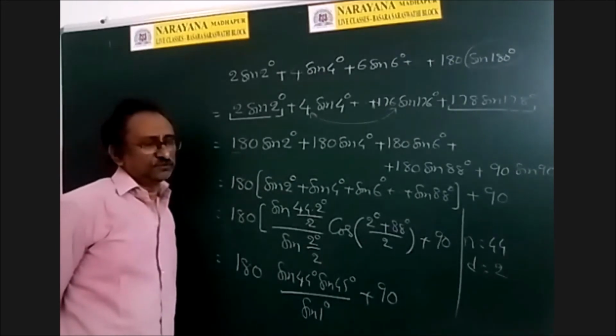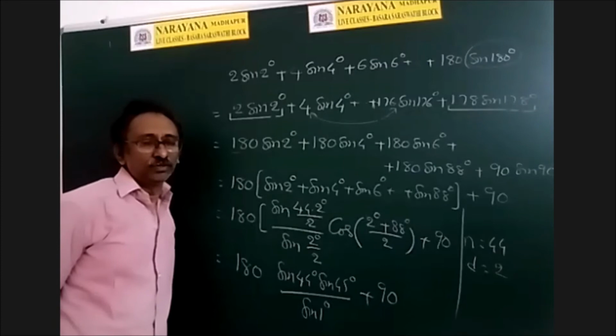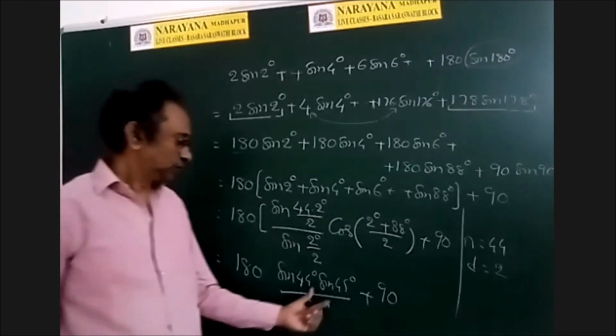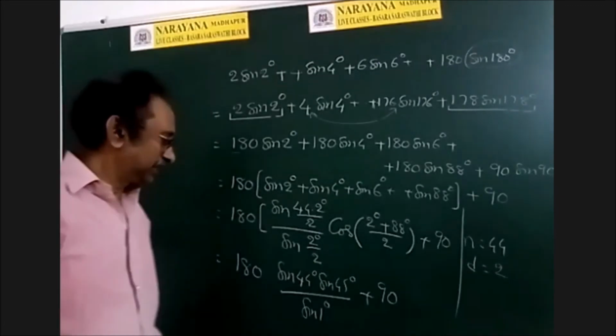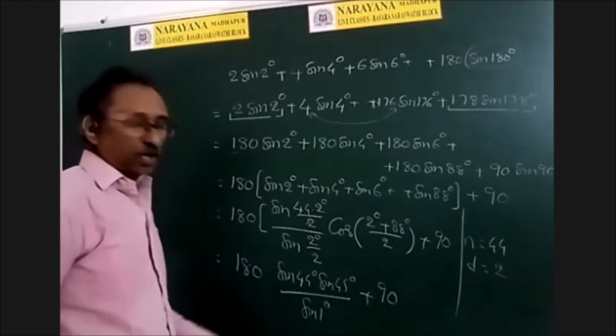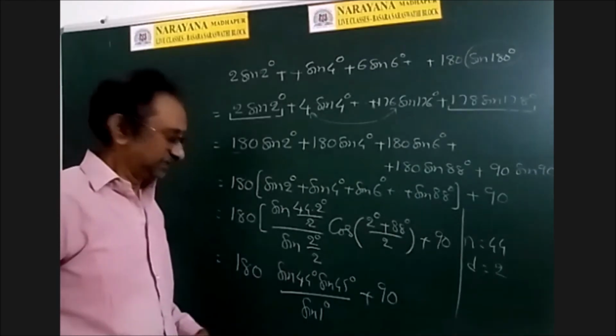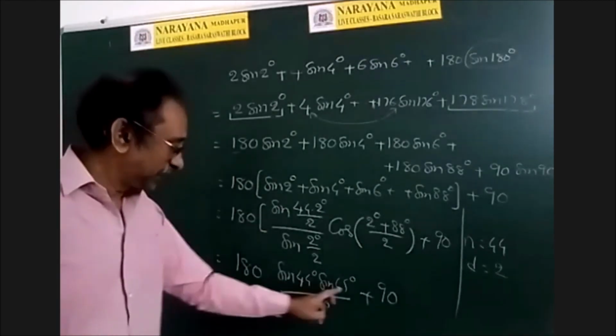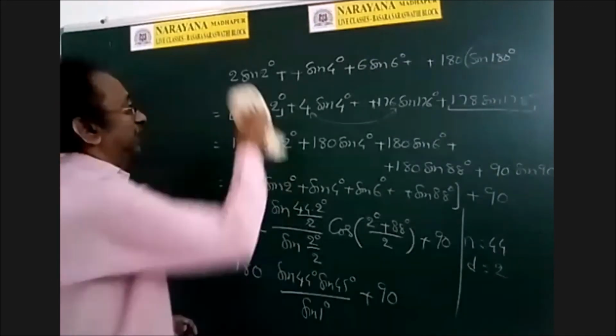Sometimes the substitution of the known value won't give you the answer. For example, here you know sin 45. Immediately we write in place of sin 45, 1 by root 2. But next, we don't know what to do with sin 44 by sin 1. So use transformations here: the 2 sin A sin B formula.